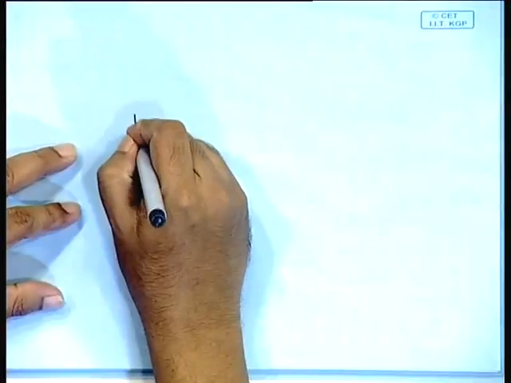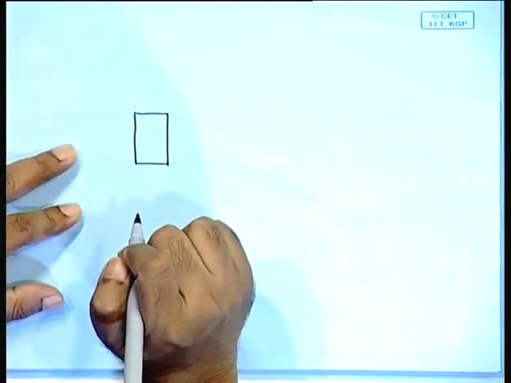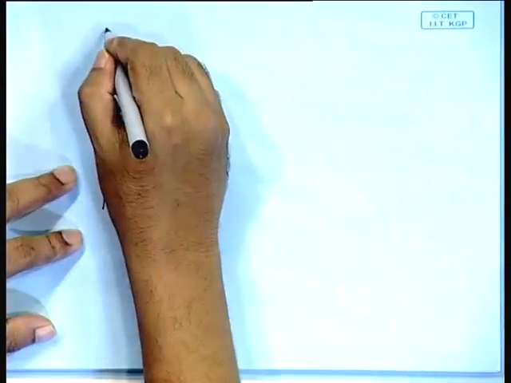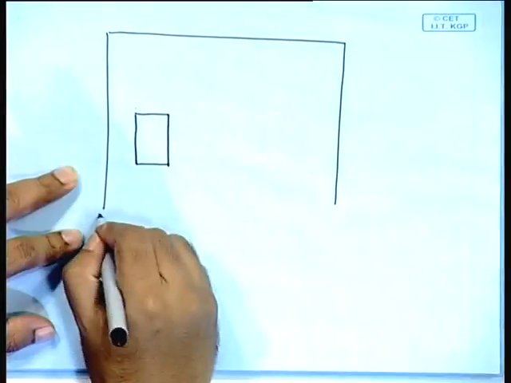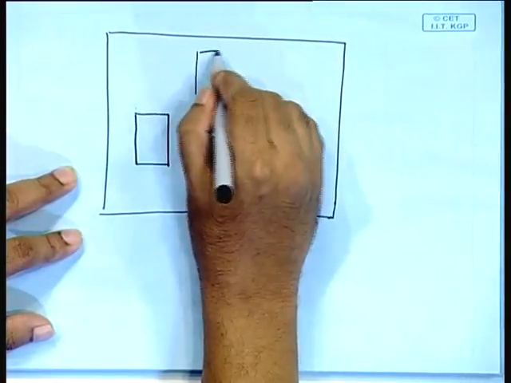Now, writing the assumed properties is a real big challenge, because think of a design. This is some component which we want to verify, and the actual design is huge, which has many other components.